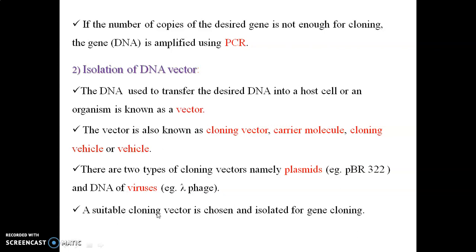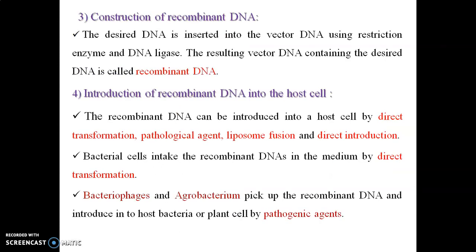A suitable cloning vector is chosen and isolated for gene cloning. Third, construction of recombinant DNA. The desired DNA is inserted into the vector DNA using restriction enzymes and DNA ligase. The resulting vector DNA containing the desired DNA is called recombinant DNA.